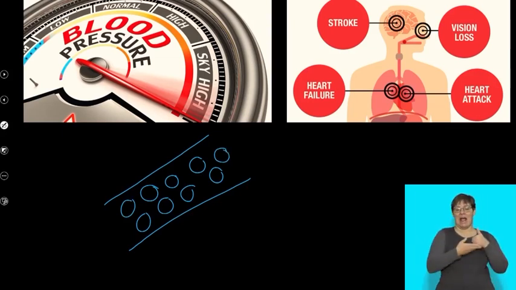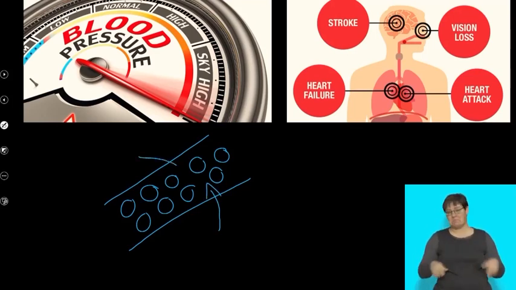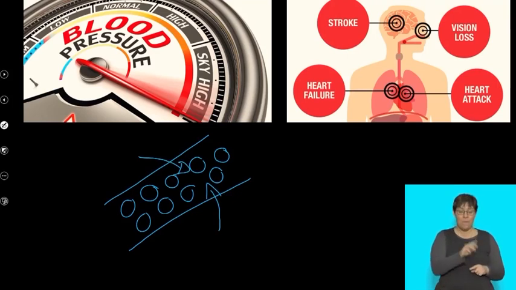So if we have a lot of salt in our diets, what happens? Water moves from a high concentration to a low concentration, into the blood vessels, they fill out, and what do we have?